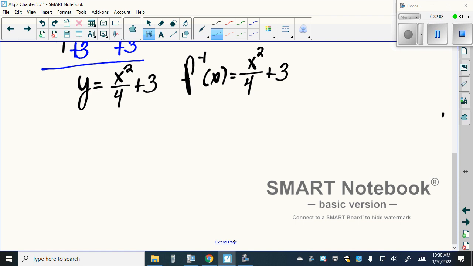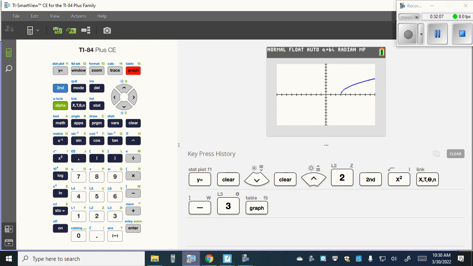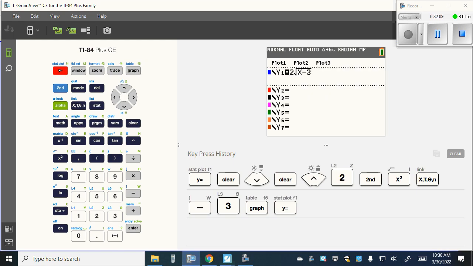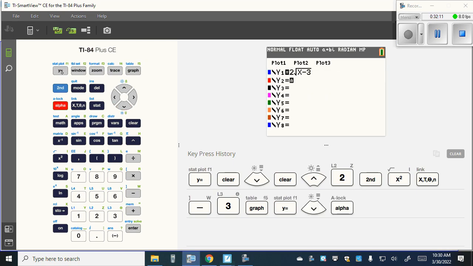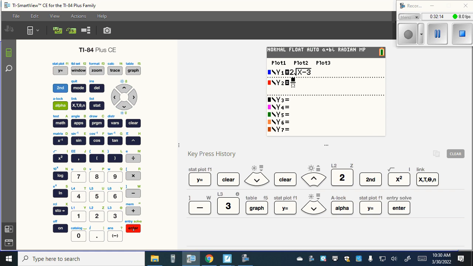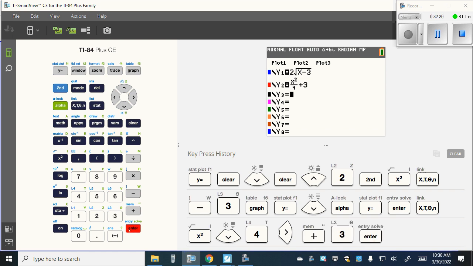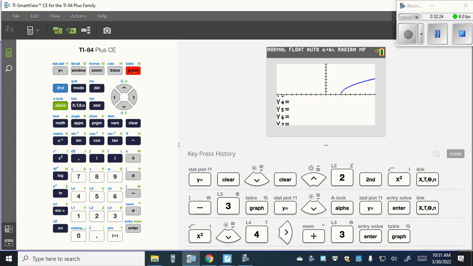Questions on this here? So what I'm going to do is also graph our inverse function. And we get this here. So that doesn't look too remarkable.